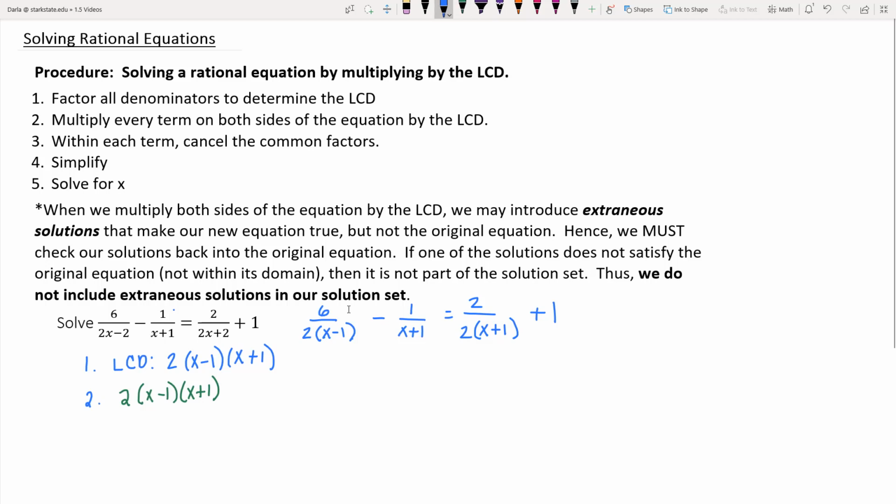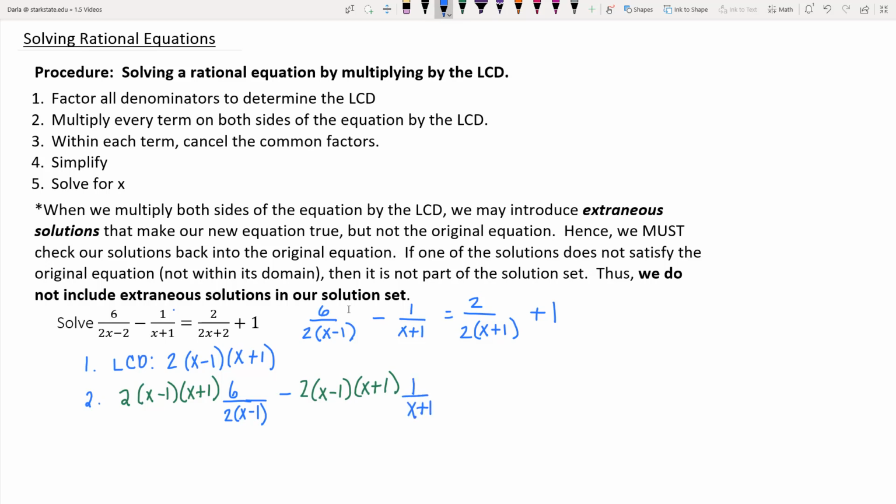We're going to multiply that by the 6 over 2 times x minus 1. Then we have this minus sign, include the minus sign, but then do your LCD again and multiply it by your second rational expression, which is the 1 over x plus 1.